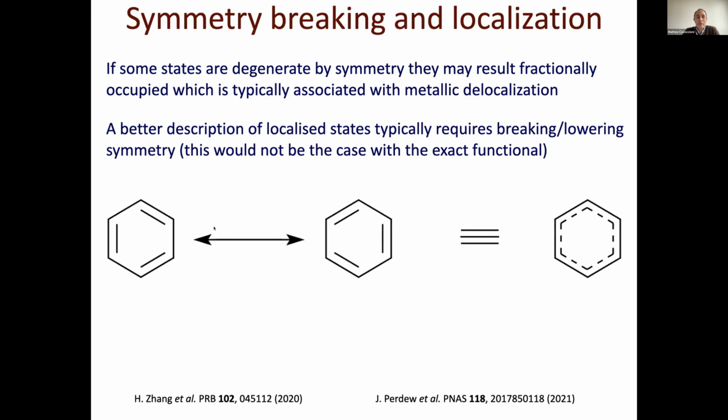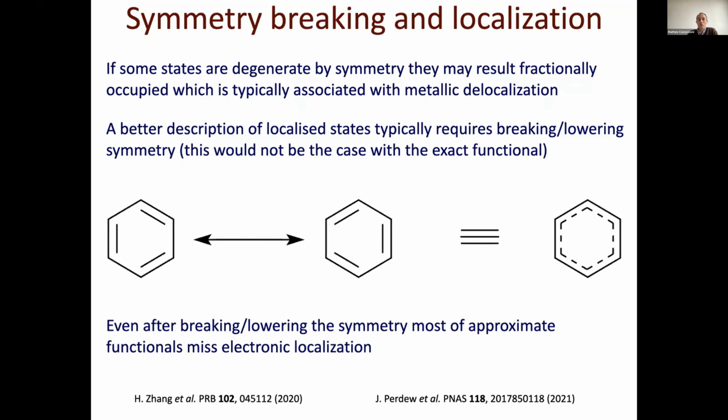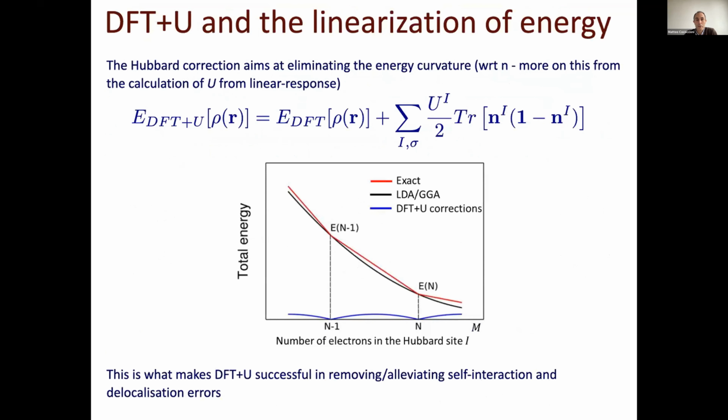The problem is that when you get some metallic density, the approximate functional is not able to recognize that it results from the resonance, let's say, of insulating ground states. So the problem is that it doesn't recognize it as a superposition of lower symmetry solutions. So typically, in order to get better localization of electrons, you need to have some symmetry broken, and to allow for that localization in this sense.